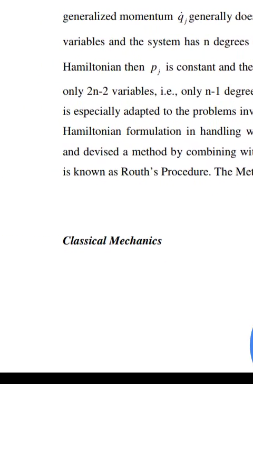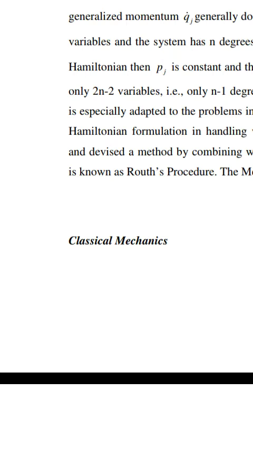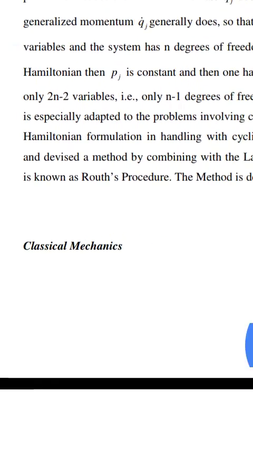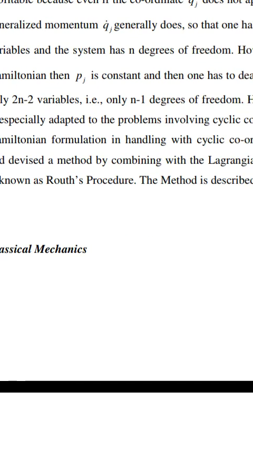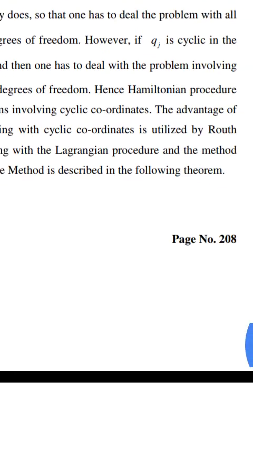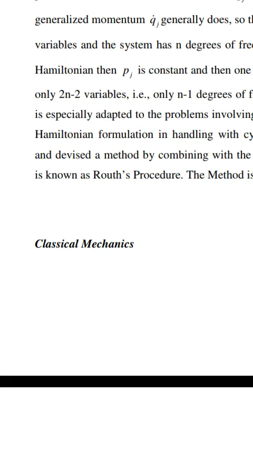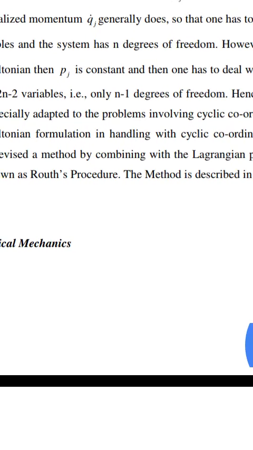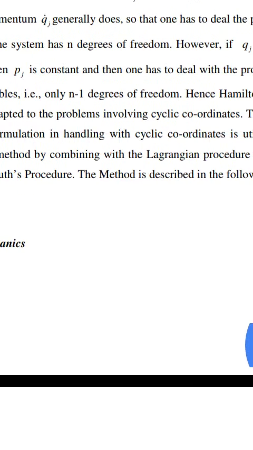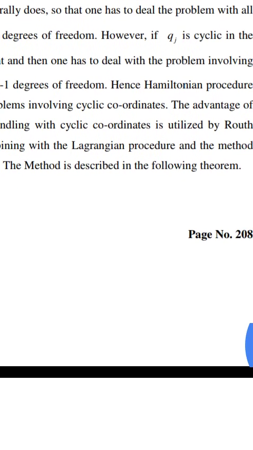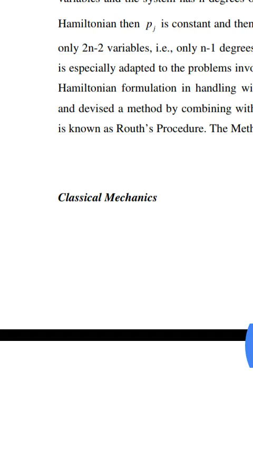The advantage of Hamiltonian formulations in handling cyclic coordinates is utilized by Routh, who devised a method by combining it with the Lagrangian procedure, and the method is known as Routh's procedure.